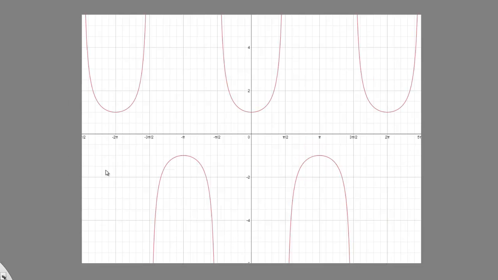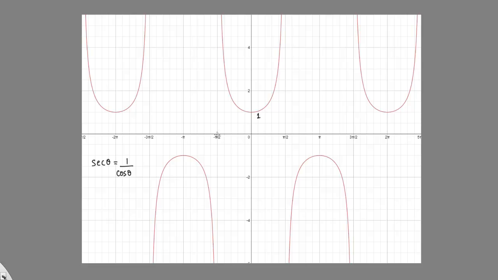So this is the graph of secant theta, which is 1 divided by cos theta. So let us write this down. So this is secant theta, which is 1 divided by cos of theta. So at 0, cos theta is 1, so you get 1 here.